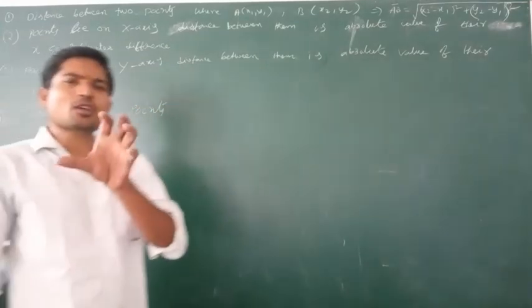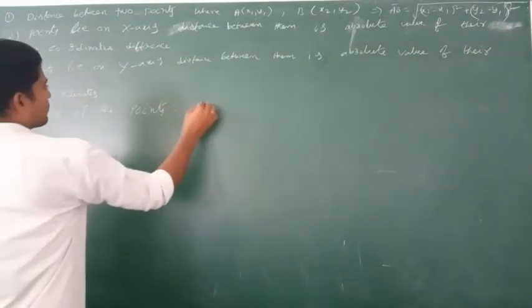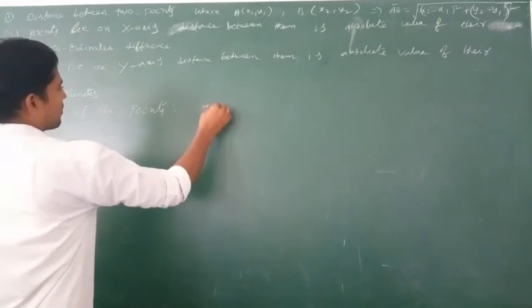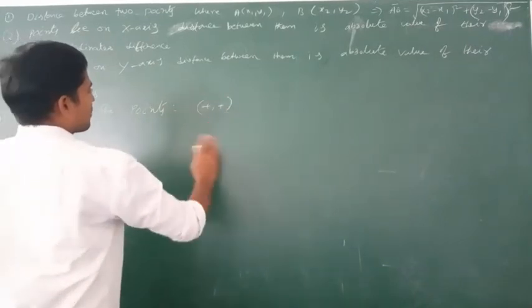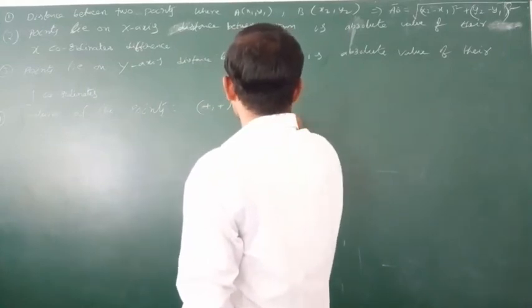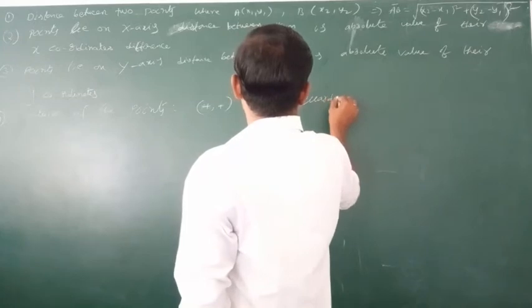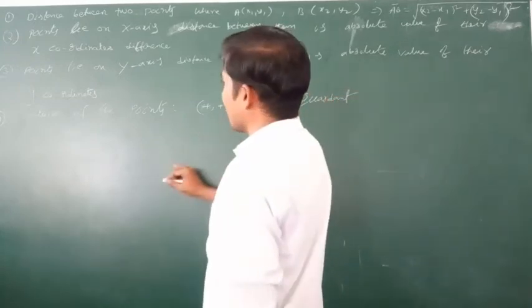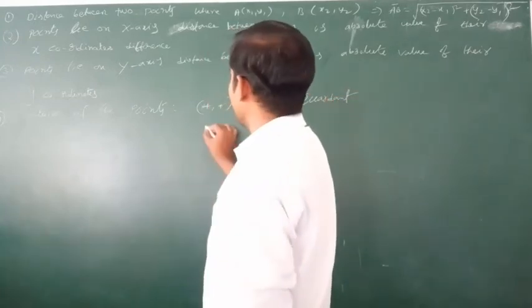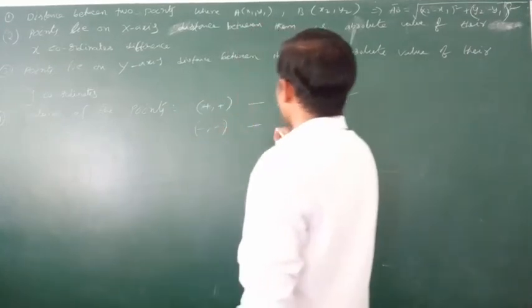Suppose both are positive, plus plus, first quadrant, and minus minus, third quadrant.